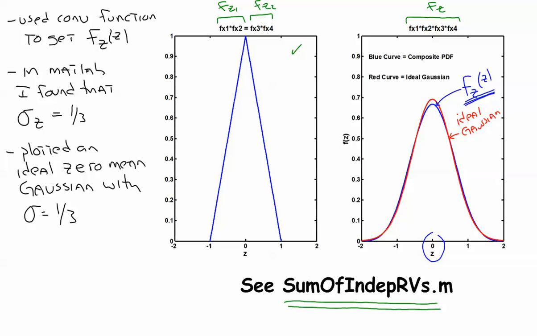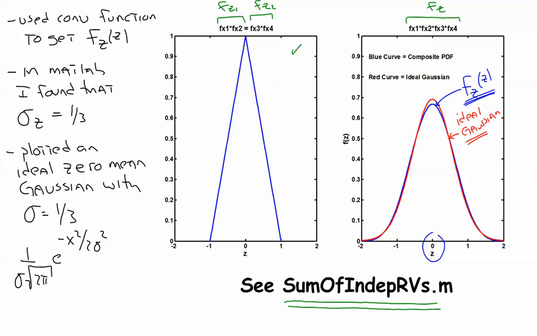My ideal Gaussian here is just this. That's a zero mean Gaussian probability density function, and I let sigma be 1/3. I calculated that all numerically in the MATLAB program that I've given you.